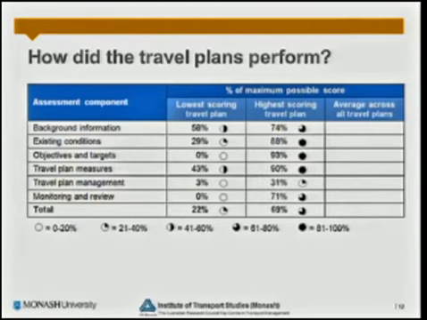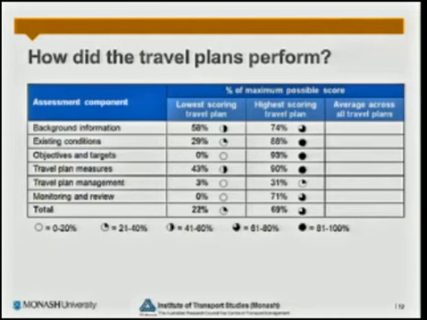The highest rating one scored a maximum of 69%. And what you see here is that the highest scoring one scored very well in terms of outlining the existing conditions at the site, specifying objectives and targets, identifying travel plan measures, but it was the travel plan management where it fell down. And this was something that we noticed in a number of the plans.